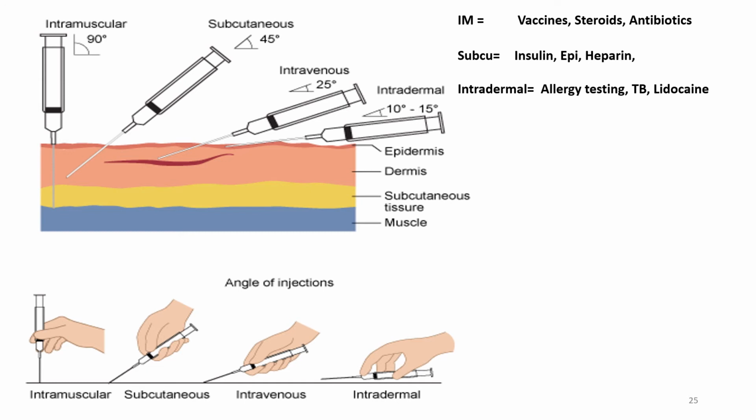Now, of course, we all know that not everyone has veins in the same exact location. Everybody's different, so you may have to adjust that just a little bit. But your intradermals are pretty much 10 to 15 degrees. They're almost parallel with the forearm. Okay, I use the forearm because we do allergy testing there, we do TB testing.